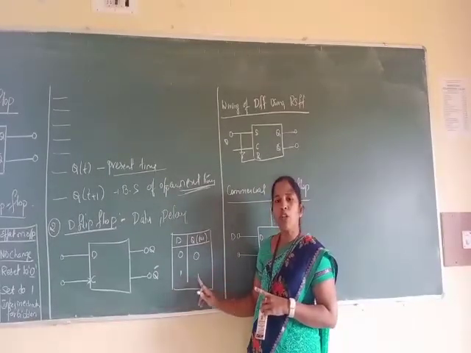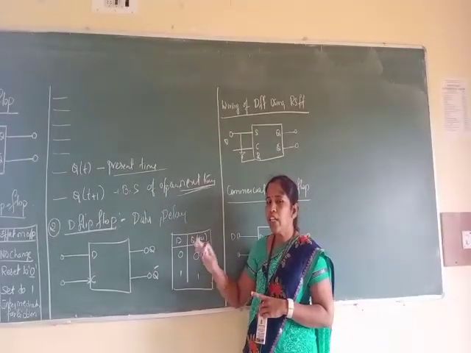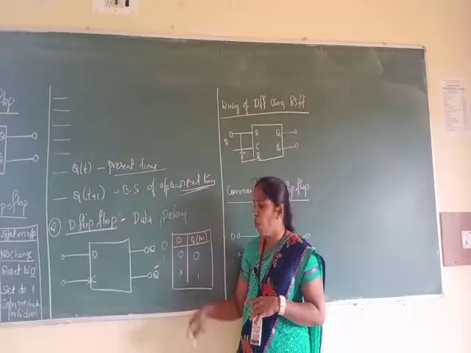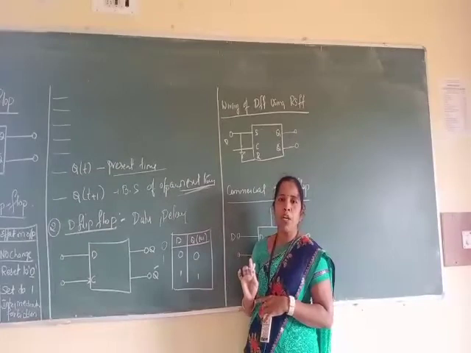When it is 1, the output is going to be 1. The clock signal is initially 0, and when it moves from 0 to 1, only then is the operation performed.